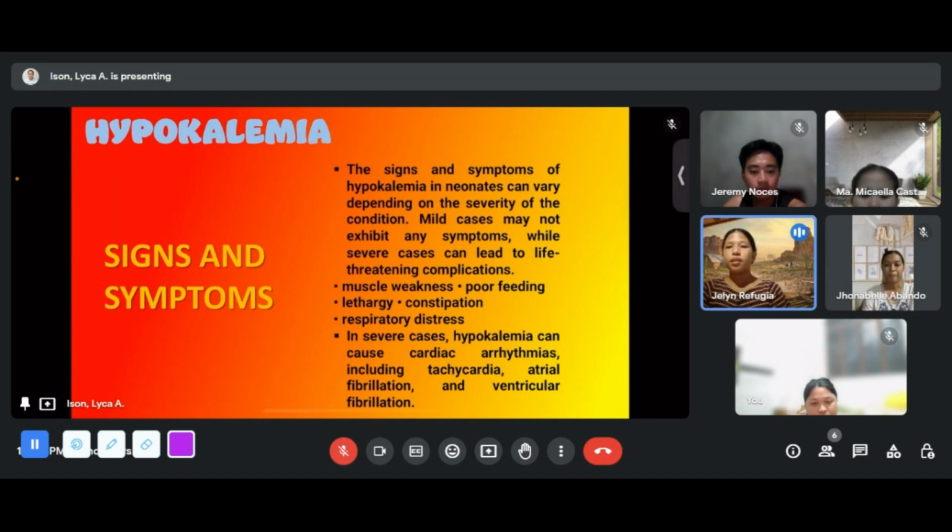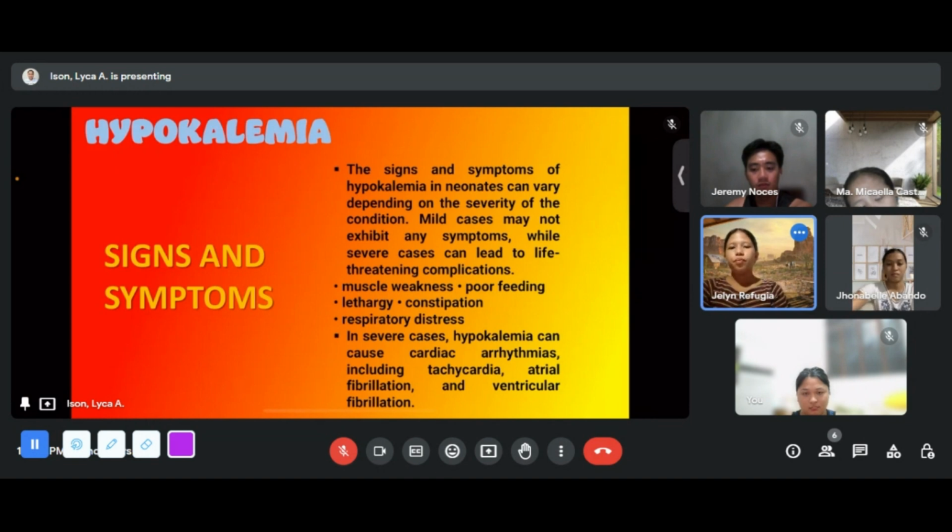So, when we say respiratory distress, ito yung nangyayari pag hindi pa fully develop yung lungs ni baby. Ibig sabihin, hindi pa siya nakakapag-provide ng enough oxygen, which can cause breathing difficulties. Usually, ang nakakaranas nito is yung mga premature babies.